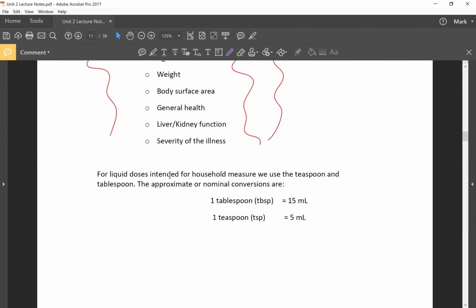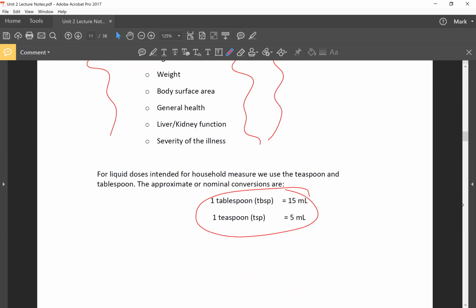So for liquid doses that are typically household measures, something you would do at home, you could use a tablespoon or a teaspoon. Anybody who bakes or cooks should be familiar with these two measurements. If you look at any recipe online, you will see a tablespoon and a teaspoon.